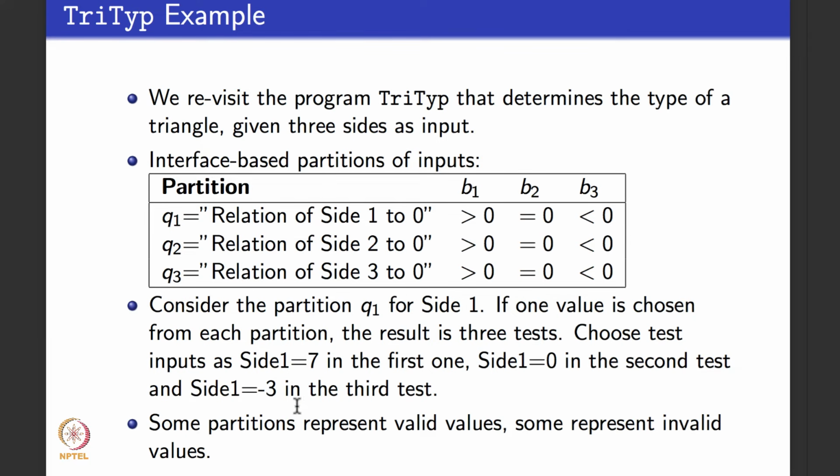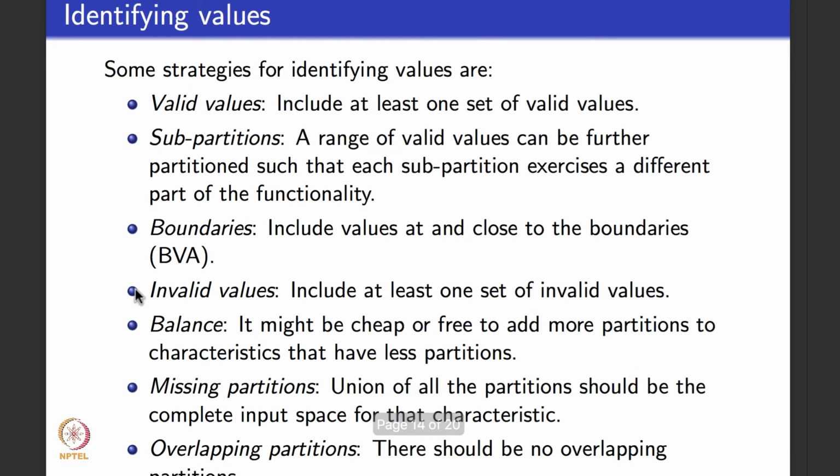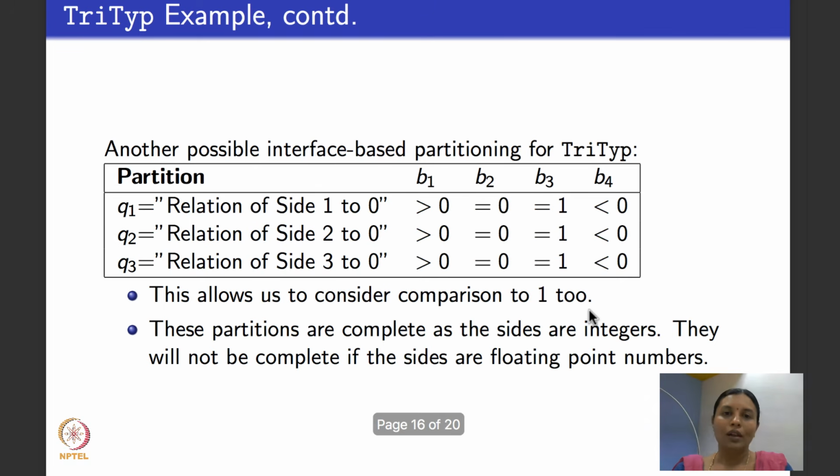What do these two represent, side 1 equal to 0 and side 1 equal to minus 3, which is less than 0? They represent invalid values. They test whether the program handles invalid triangles correctly. So that satisfies the condition I mentioned earlier, that some partitions should include a few invalid values.